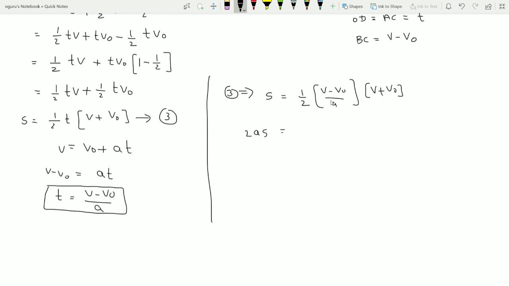Now here this is in the form of A minus B into A plus B. We know that the formula for A plus B into A minus B is A square minus B square. Here A is V and B is V naught. So A square minus B square gives V square minus V naught square. So this is the third kinematic equation.